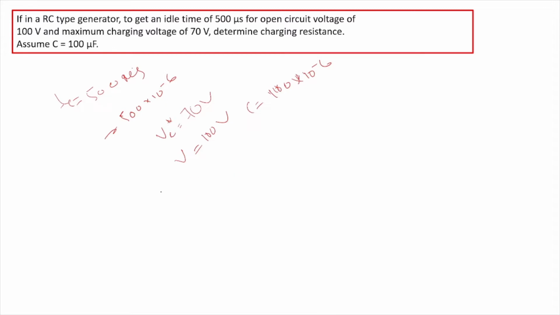That's all right. So we have seen in the derivation itself that TC equals minus RC into C, ln of 1 minus VC star divided by V. If we put it into this equation, TC is already given, so I will put it in.